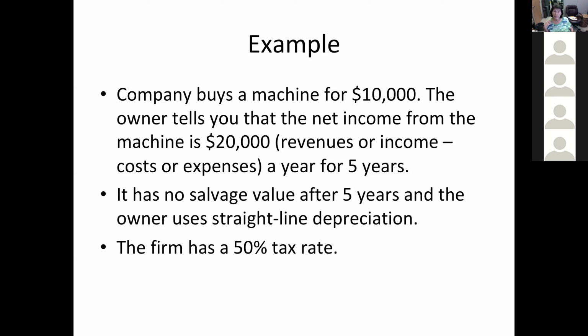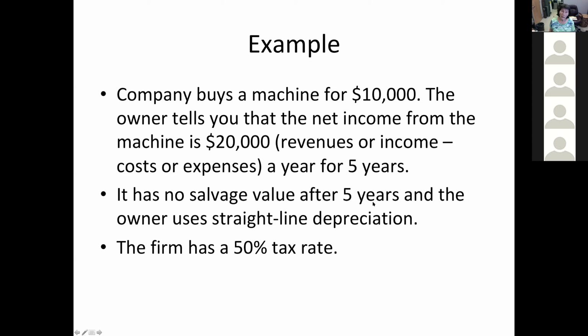And it's really important because a lot of times this private stuff is crucial when you're trying to do a project. Say, for example, you're buying a machine and it costs $10,000. And you know that you're going to get $20,000 a year worth of income as a result of owning this machine every year for 5 years. But then at the end of that time, it's completely used up.